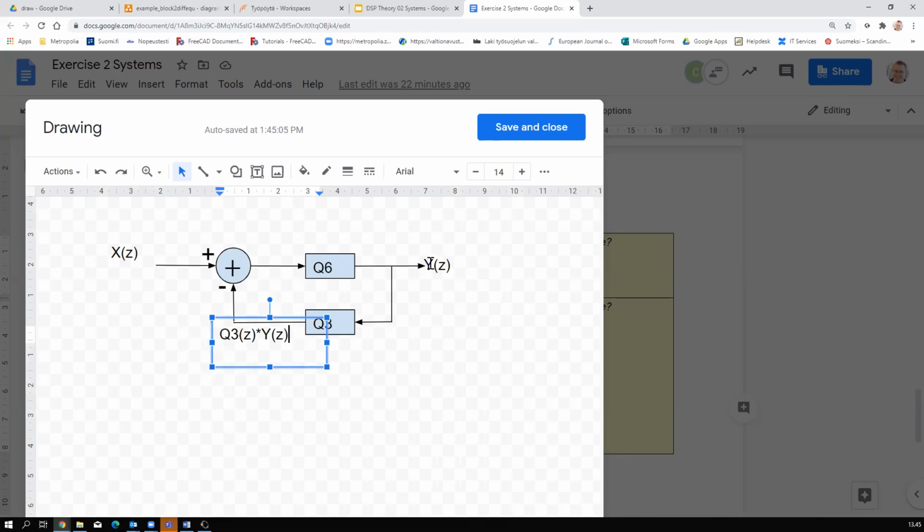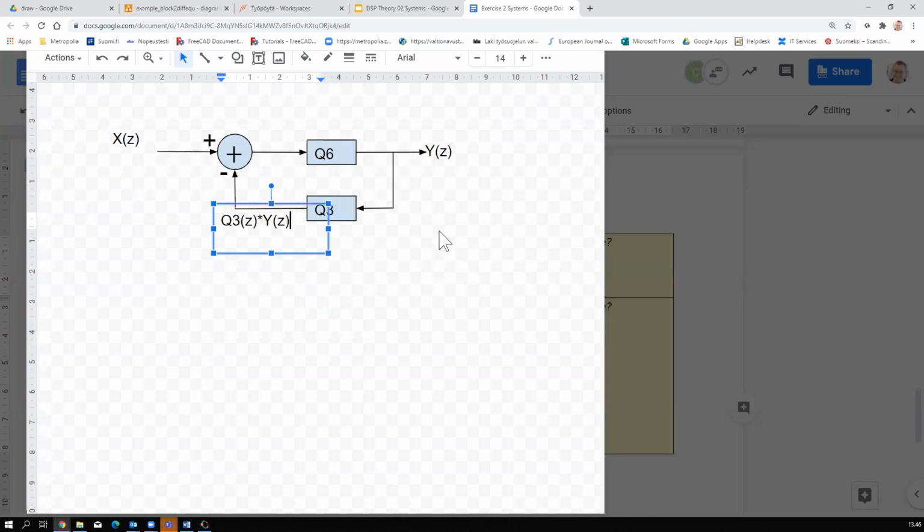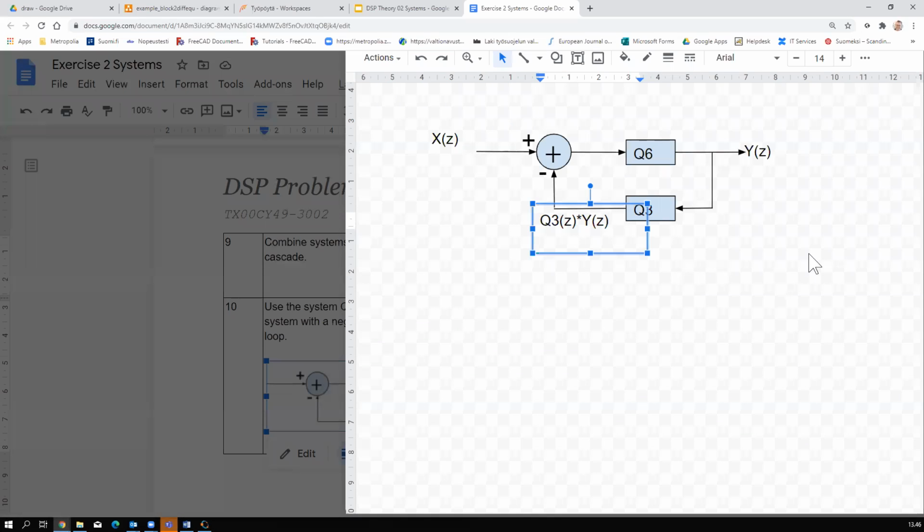You find Y(z), you have X(z), you can then calculate Y(z) divided by X(z), and then you have this nice polynomial form of rational polynomials. You may want to use some pen and paper to calculate the denominators and numerators so that you get everything correct. But you have all the tools necessary to do that exercise too.